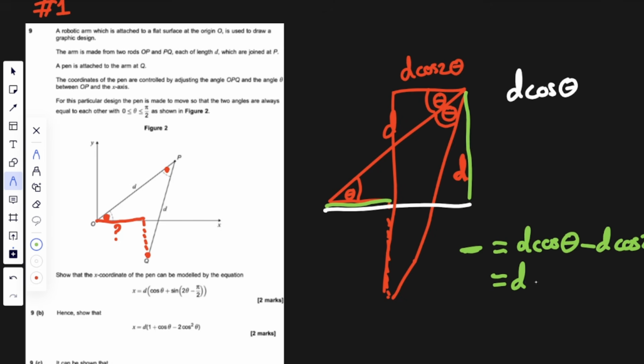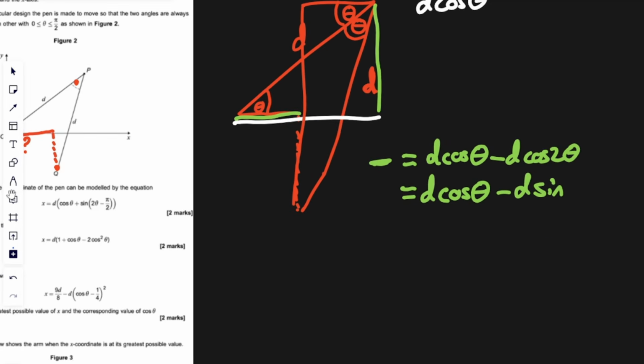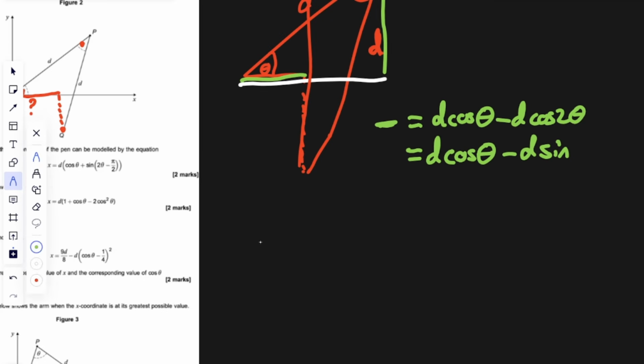Now, this is the same as d cos theta minus. Now you might want to just guess what this comes to. In this scenario, you may not know many of these trig identities, but if we draw the graph of cos, it looks like this.